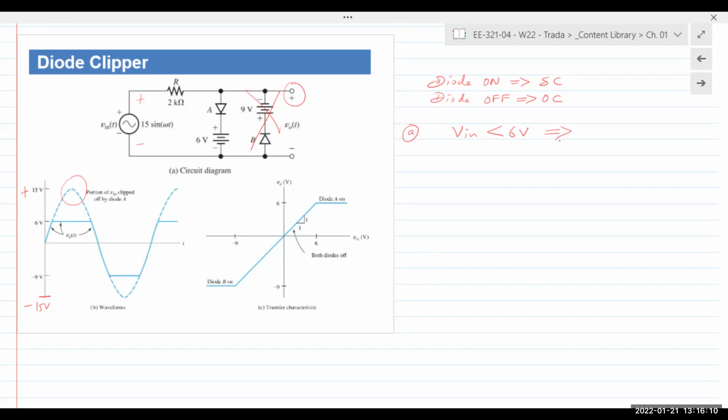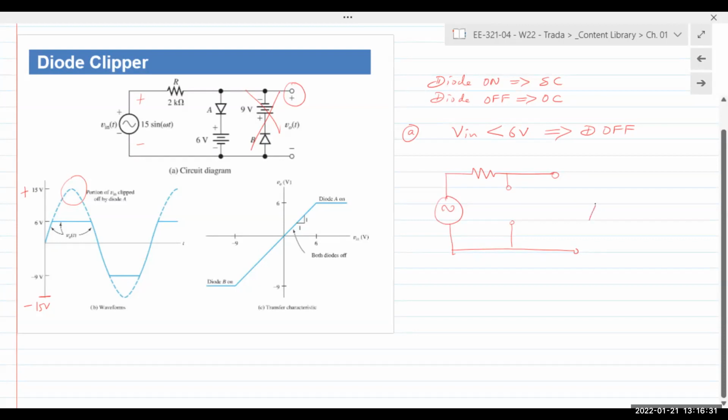So if the diode is off, your circuit is like this. And again, we are only analyzing one peak at a time, right? The diode is off. What do we get at the output?